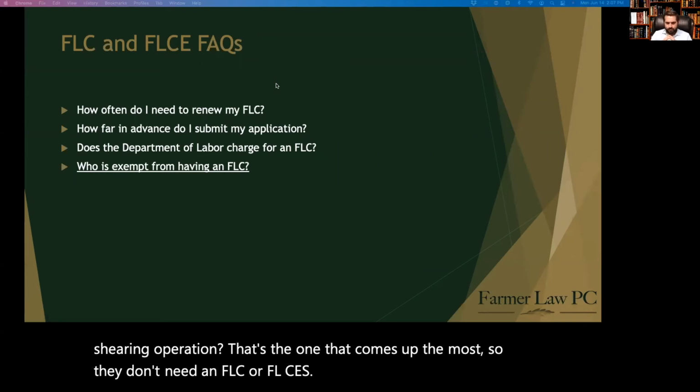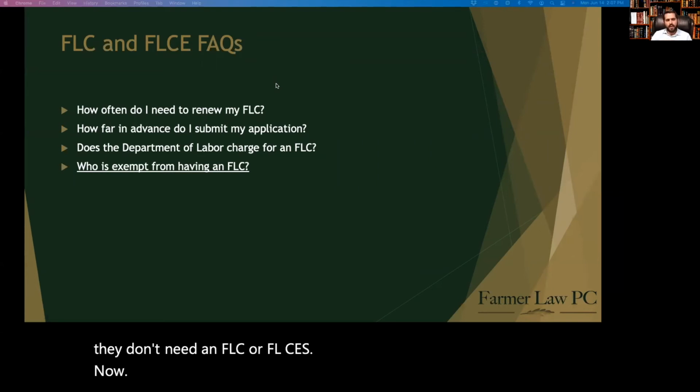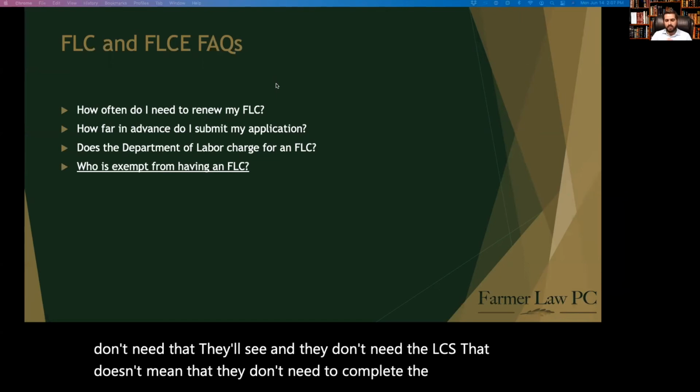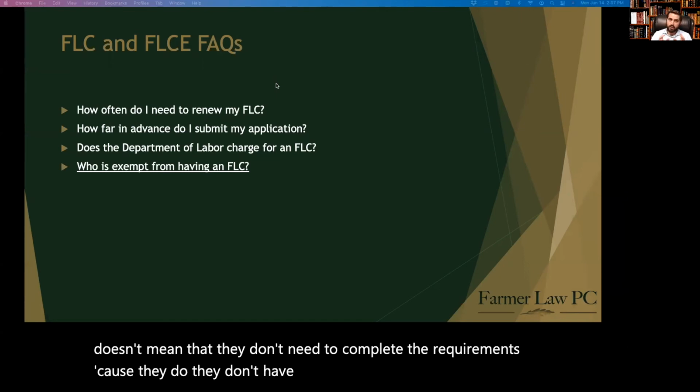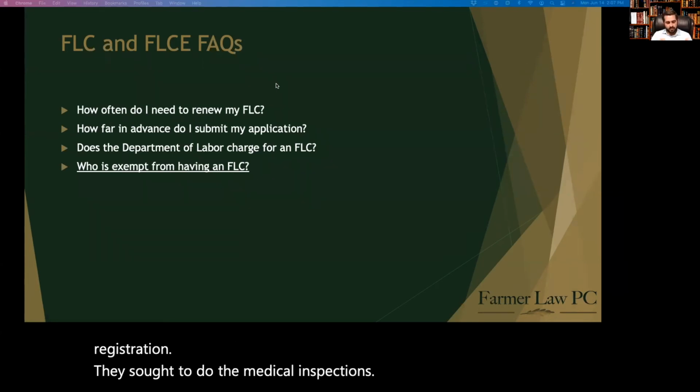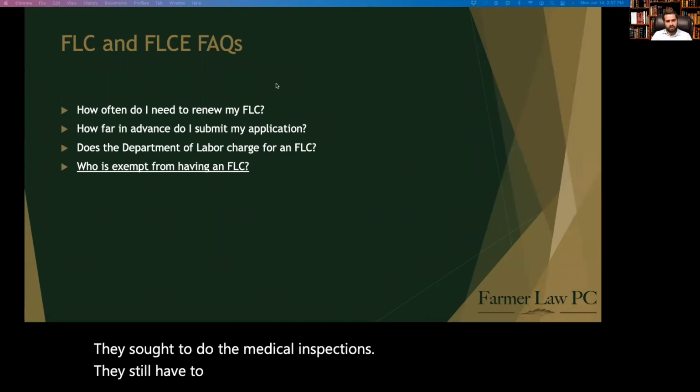Now, an important point to make with that, though, is just because they don't need the FLC and they don't need the FLCEs, that doesn't mean that they don't need to complete the requirements, because they do. They don't have to file for the certificate of registration. They still have to do the medical inspections. They still have to have a copy of the driver's license front and back.